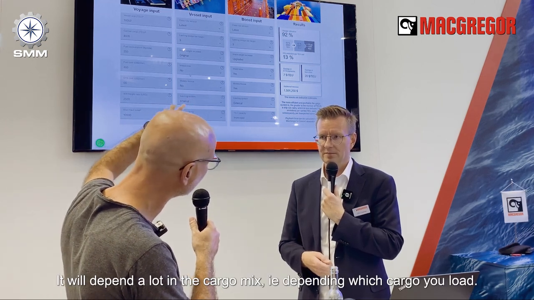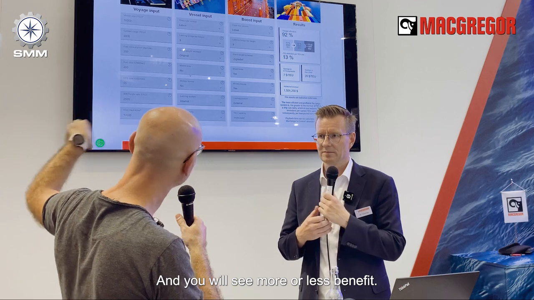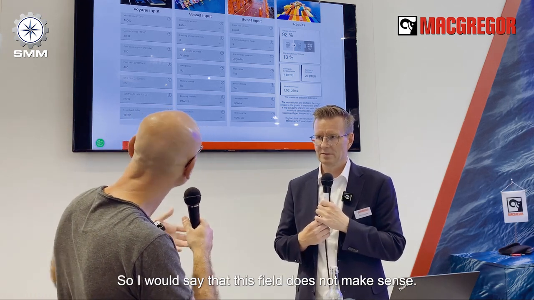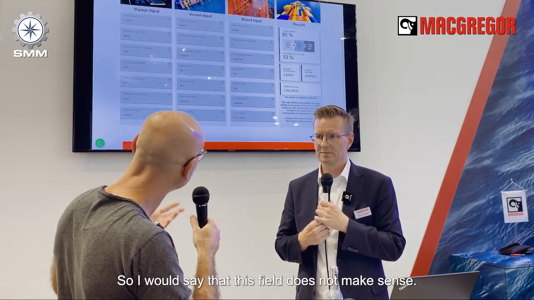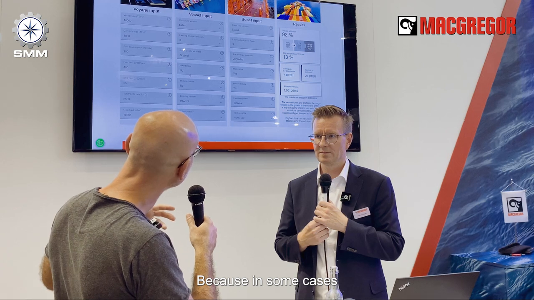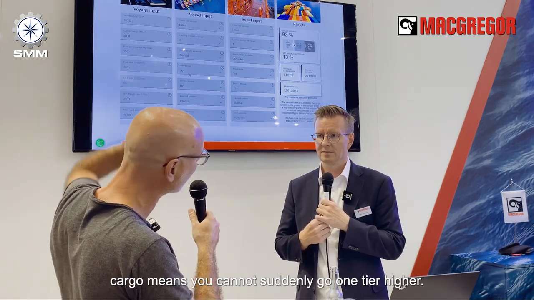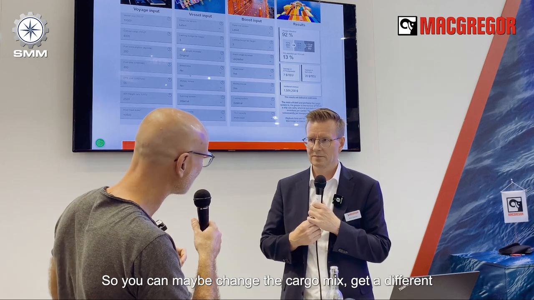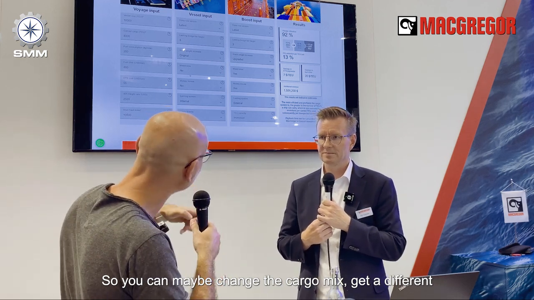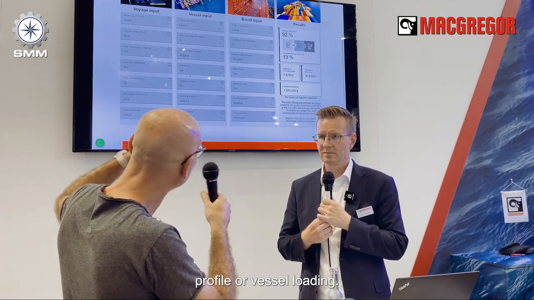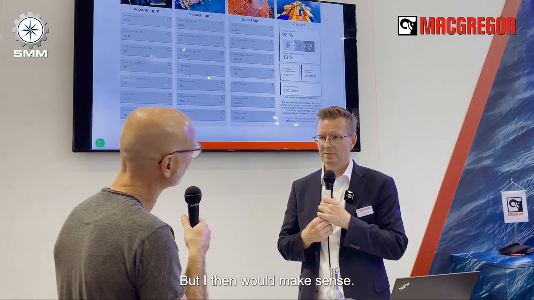Depending on which cargo you load, you will see more or less benefit. So I would say it's a figure that would make sense, because in some cases, due to the cargo mix, you cannot suddenly go one tier higher. So by changing the cargo mix, you can get a different profile of the vessel loading, winning a little bit, and again it would make super sense.